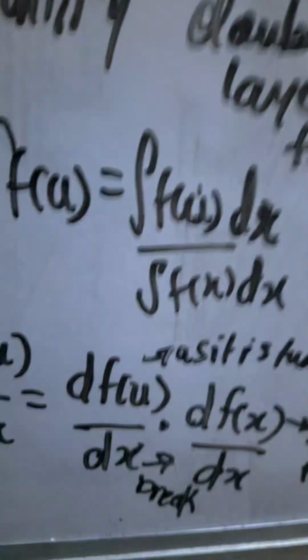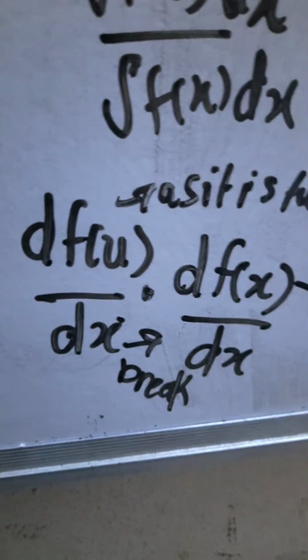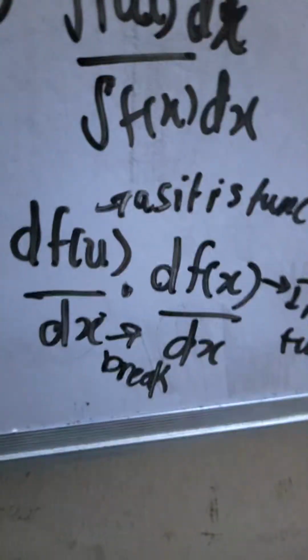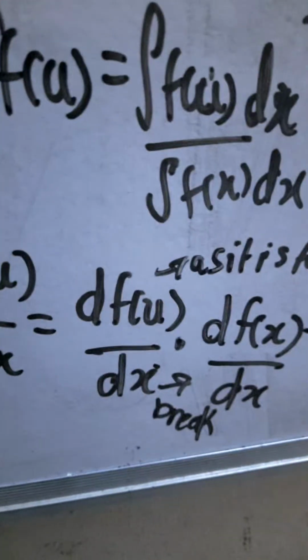So then we use the chain formula, the chain rule. Yeah, we use the chain rule. Now how the chain works is we break it into smaller parts, then join it.